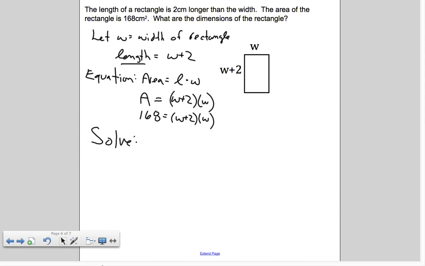Oh, w. That was dumb. Okay, that was better. So basically what Sabrina is suggesting is we take this and we expand it. So we get w squared plus 2w, and here we still have 168.